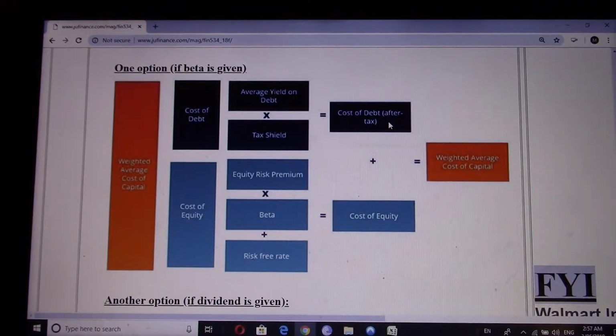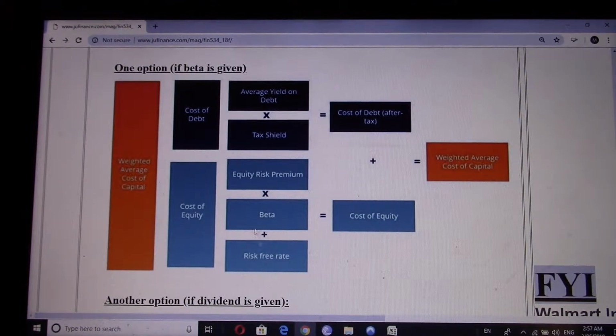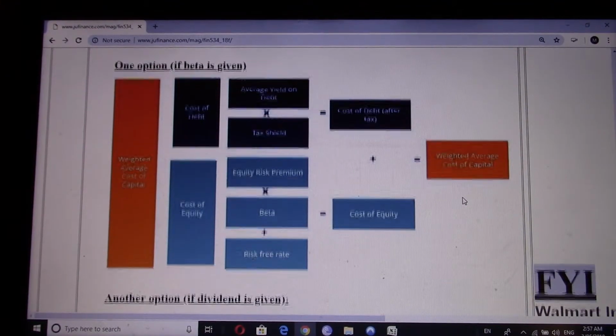So we should just use the bondholders' return and then multiply by a factor to consider the tax impact. For cost of equity, if beta is given, we can simply use, you see this is familiar, the CAPM model to get the cost of equity. And then we can get the WACC.